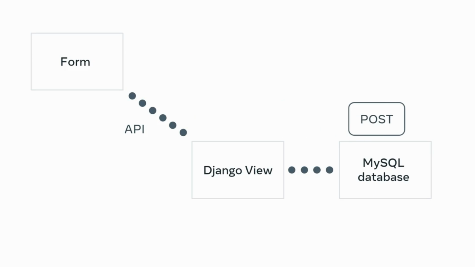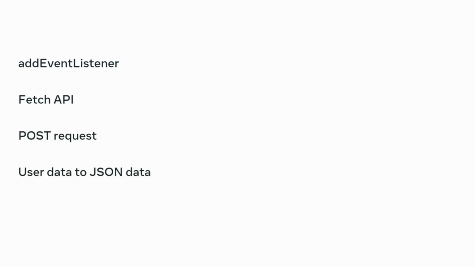The entered user data, or comment, is then added to a MySQL database, which was created earlier using models in Django. So, using the DOM event type in JavaScript called addEventListener and fetch API in JavaScript, you make a post request to the form's action URL before converting it into JSON data and sending it to the database. Let's get started.